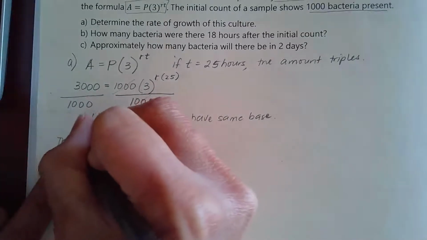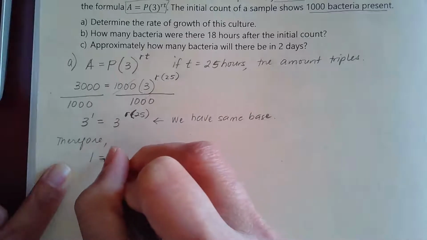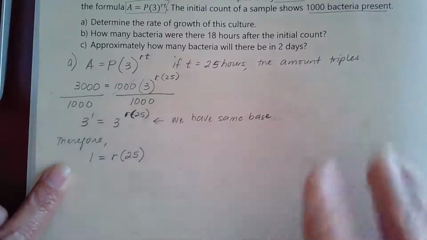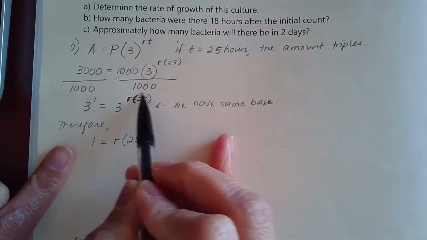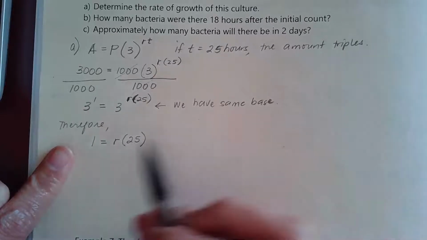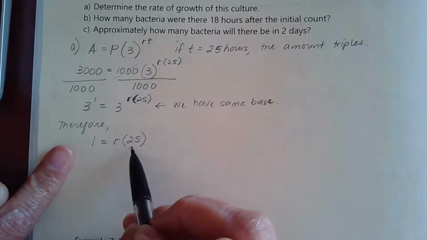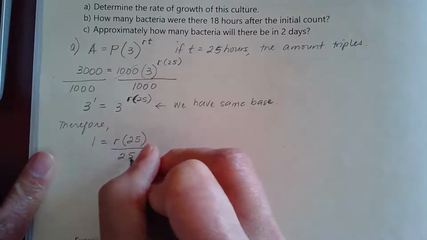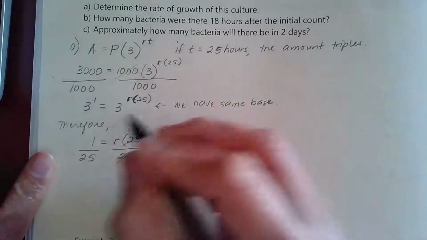Therefore, 1 is equal to R times 25. If we just focus on the exponent, we can equate the exponents: 1 equals R times 25. Solving for R, divide by 25. The 25 cancels.